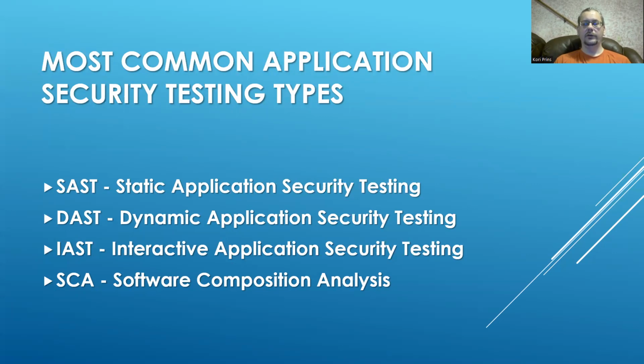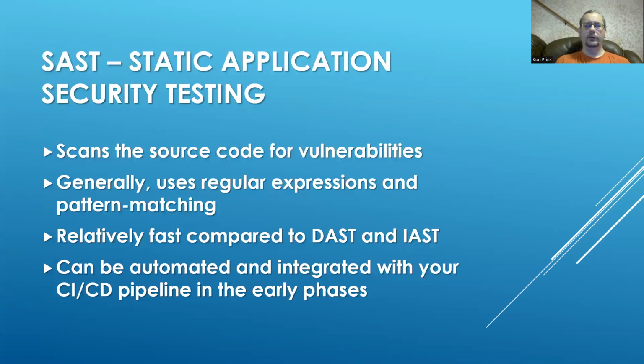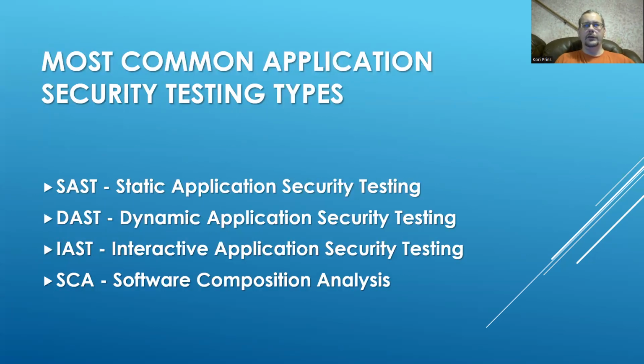Software composition analysis, SCA, is not really an application security testing type per se, like SAST, DAST, and IAST. However, it's important to talk about because software composition analysis will give a better picture of the libraries that your application is using, as well as the dependencies. And we'll cover that later on in the presentation.